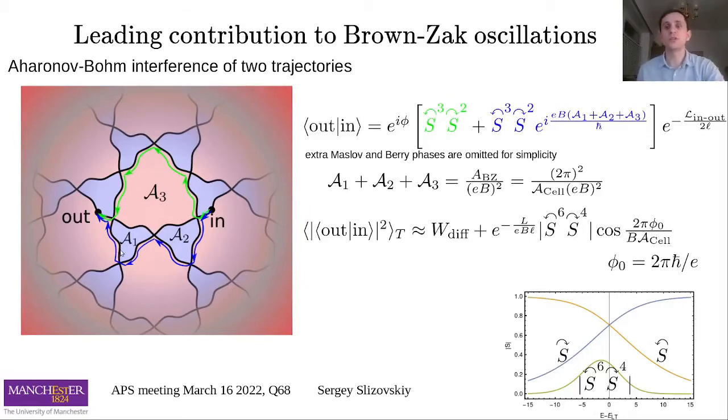The area between green and blue trajectories equals the Brillouin zone area divided by eB squared and is hence independent of energy. So such contributions survive energy averaging due to finite temperature. The magnetic flux between the green and blue paths corresponds to the Aharonov-Bohm interference phase and leads to Brown-Zak oscillations in evolution probability and correspondingly in the conductance.